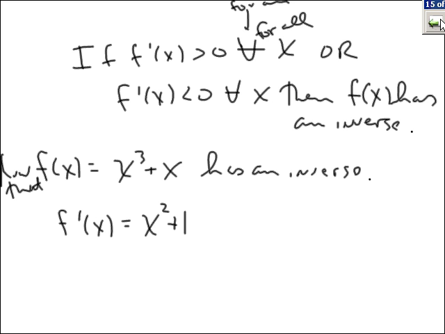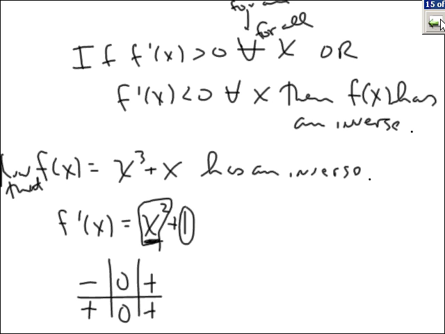Well, I like to think of there being three types of numbers: negative numbers, 0, and positive numbers. If you square a negative number, you get positive. If you square a positive number, you get positive. If you square 0, you get 0. So when you square a number, the least you'll get is 0. This is 0 or more. Well, if you add 1, it's going to be 1 or more. This is greater than 0 for all x.